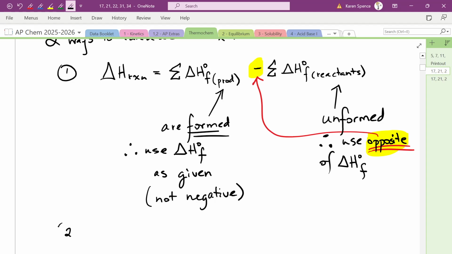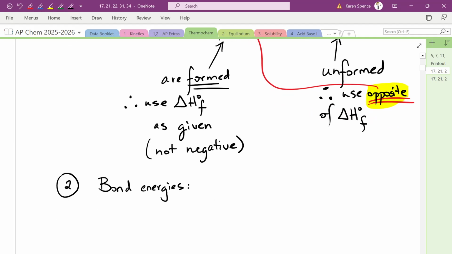Same thing with the bond enthalpies, bond energies. And this one, I just like to remember that bond breaking is endothermic and bond formation is exothermic. Bond breaking.